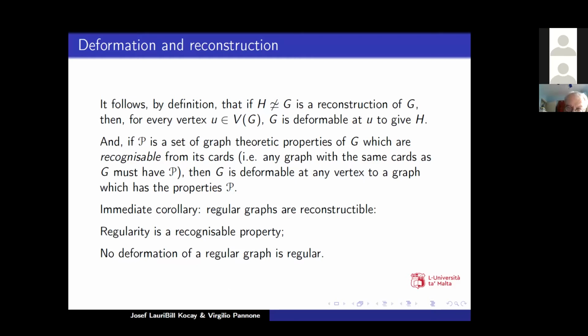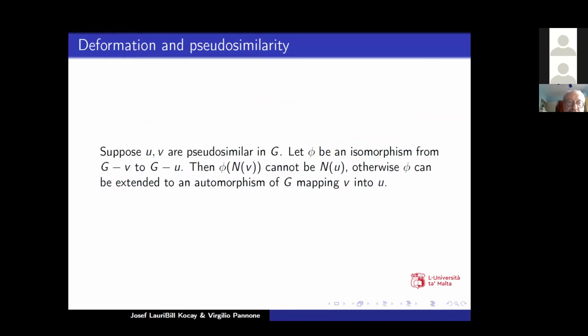What if we extend a bit from regularity? We'll see soon. What about pseudosimilarity? Here it's a bit less obvious that deformations take place, but again, quite easy to see.